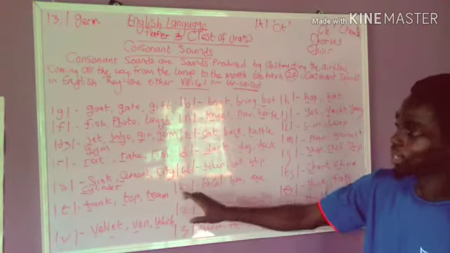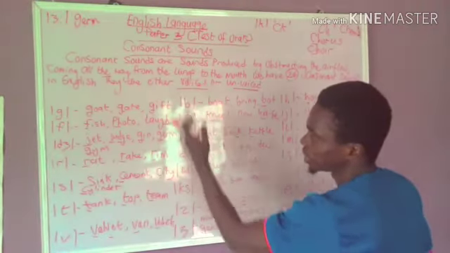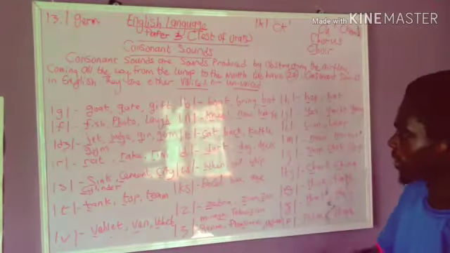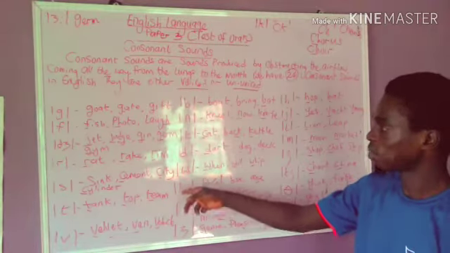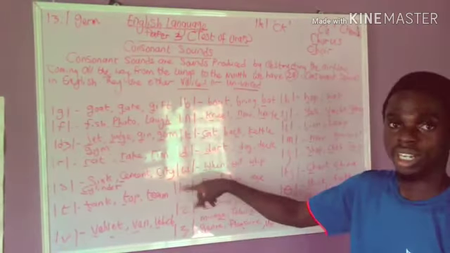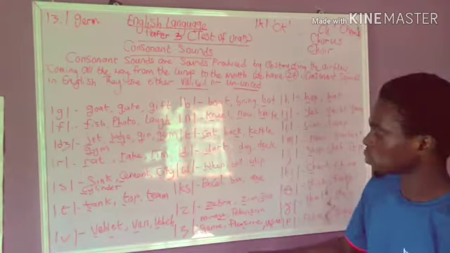So here, this is a double consonant sound. All these are single consonant sounds. These are double consonants. You can see them. Okay. So you glide from K to S. So we can say this is a consonant cluster. I'm going to explain consonant cluster in the next class we're going to have.